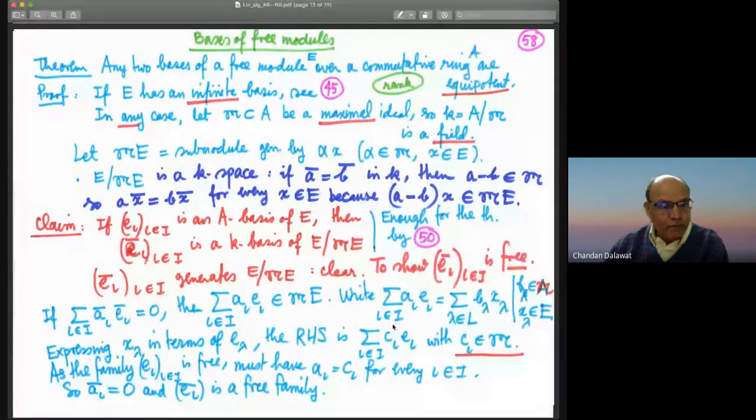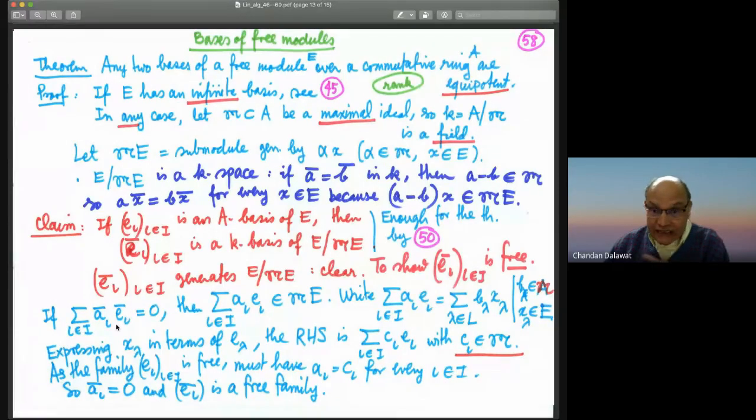And here's the proof. So they obviously generate this space because these E iotas generate the module E. So all you need to show is that these E iota bar are a free family. Okay?